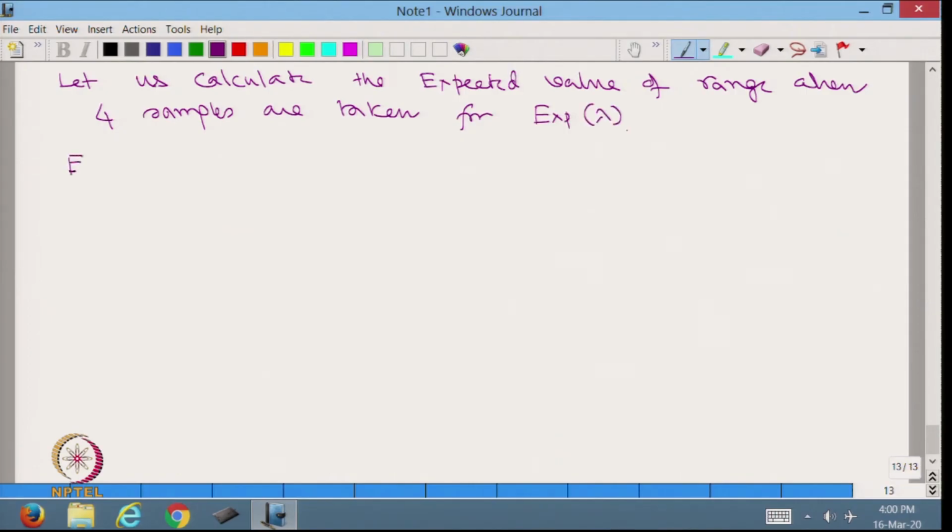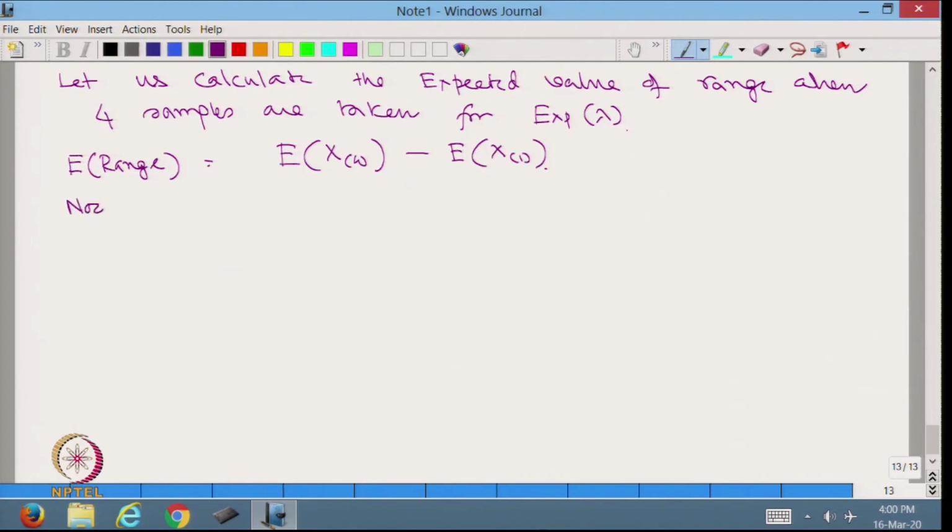Now, expectation of range is equal to expected value of 4th order statistic minus expected value of the 1st order statistic.